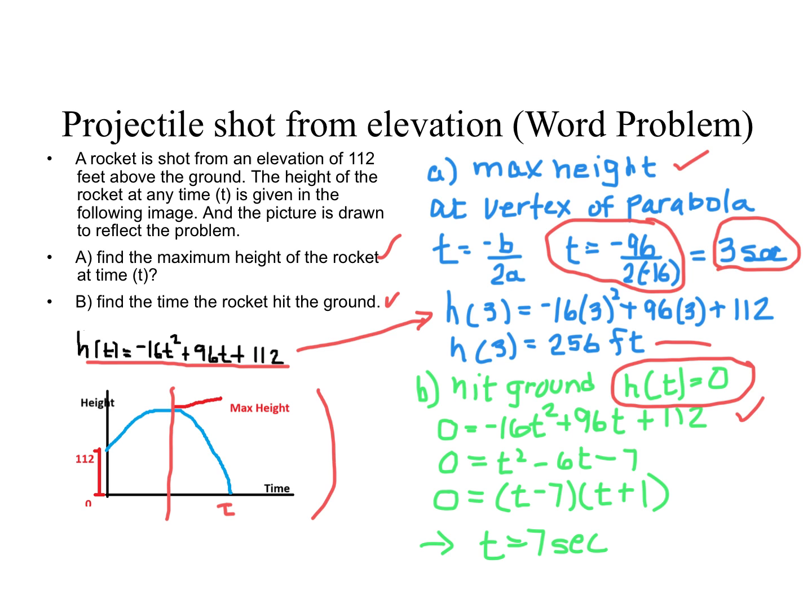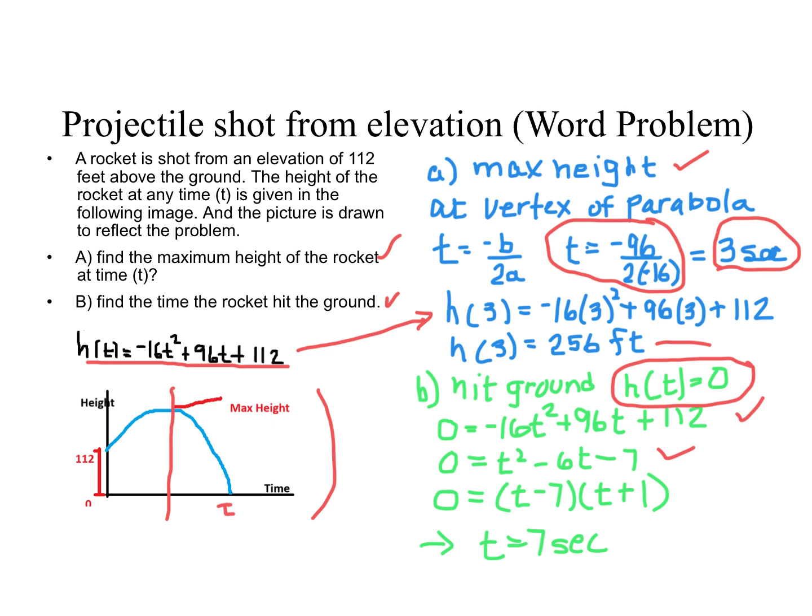This is a lucky chance on our part. Normally this wouldn't necessarily happen, and we would have to use the quadratic formula. But in this case, I see that I can take out a negative 16 from all of the terms. And when I do that, I'm left with t squared minus 6t minus 7.